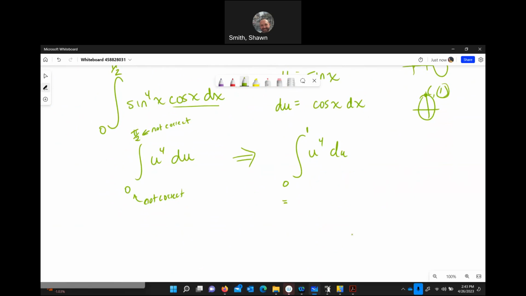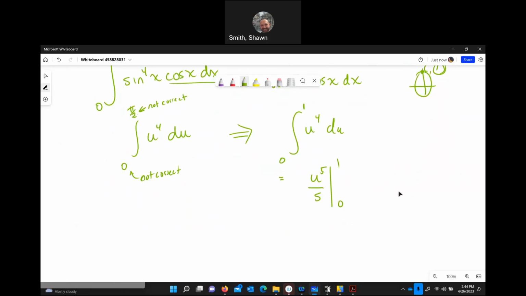But this one is now u to the 5th over 5, evaluated from 1 and 0. And that evaluates really easily. You don't have to do any trig, right? So that's just 1/5 minus 0, which is 1/5.